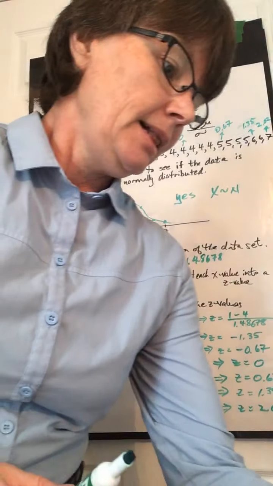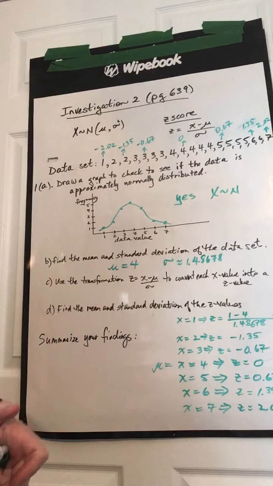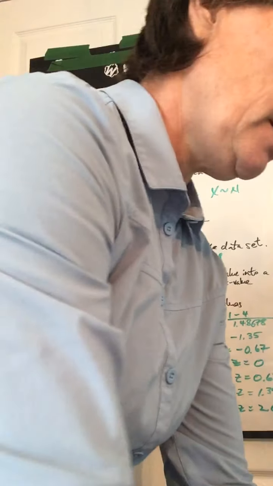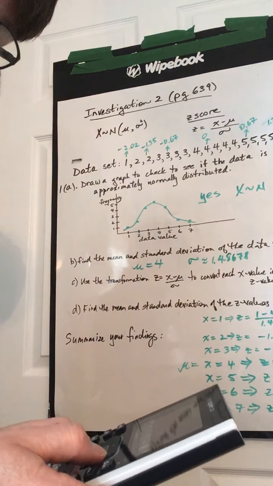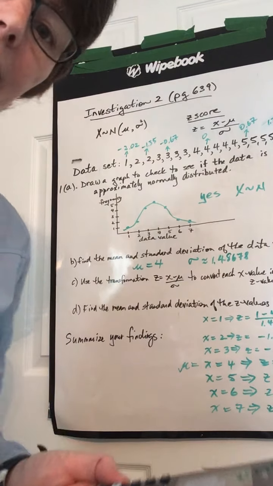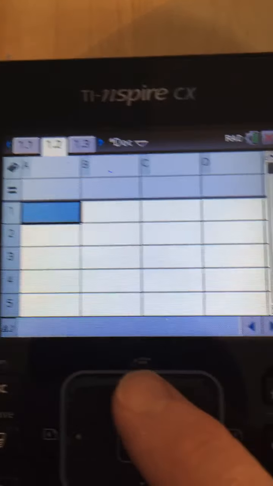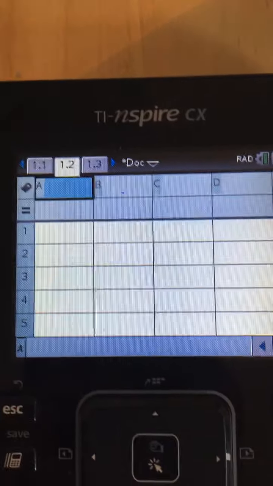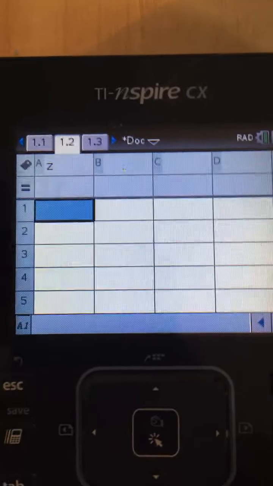Okay. Our next task is to find the mean and standard deviation of the z values. So let's go to our calculator again. And in our chart, I have another window open here. We're going to go up and call this z, instead of x, for z-score.